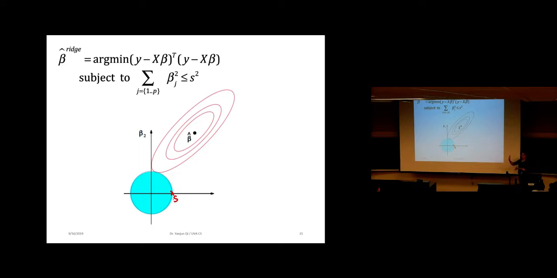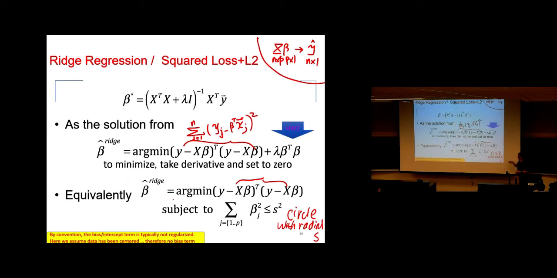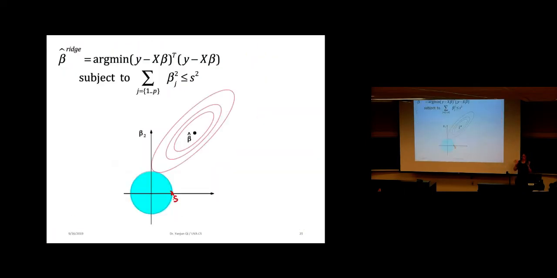Because every point within the circle satisfies the summation of beta i, each element's quadratic summation is smaller than s quadratic, which means you can only have solutions within the circle.